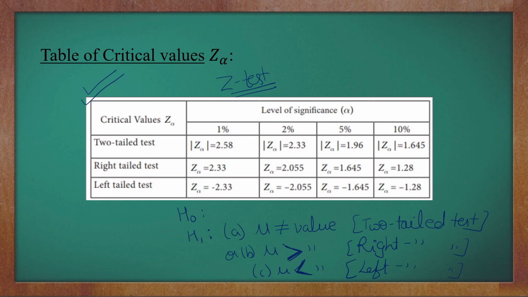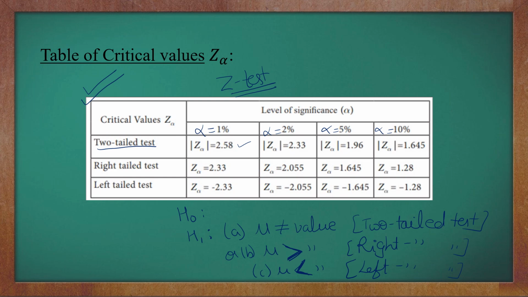In this table, you can see the values for the two-tailed test for alpha equal to 1%, 2%, 5%, and 10%. No need to learn this table, because in the exam you always get these values in your questions.